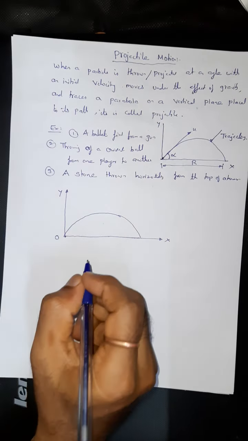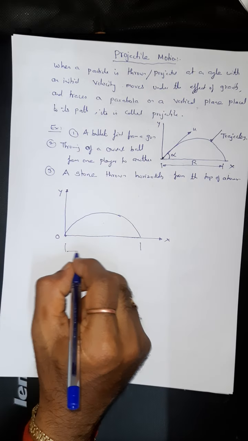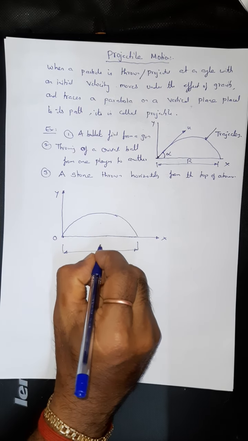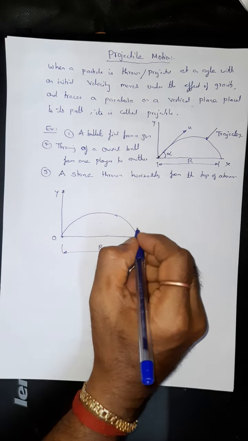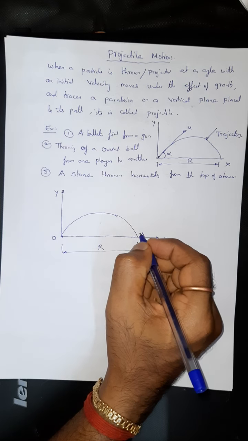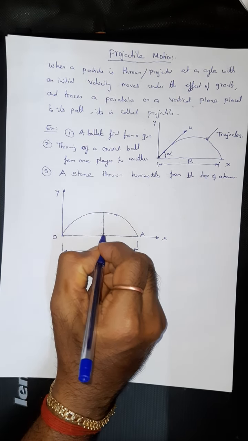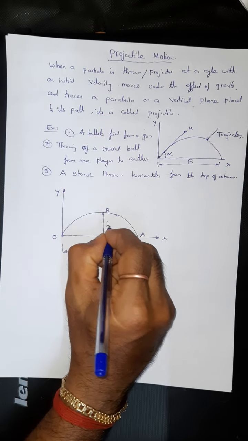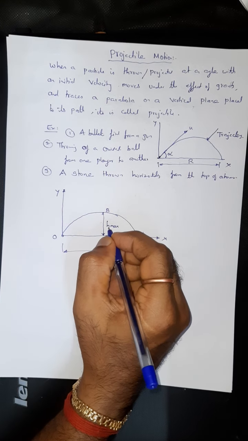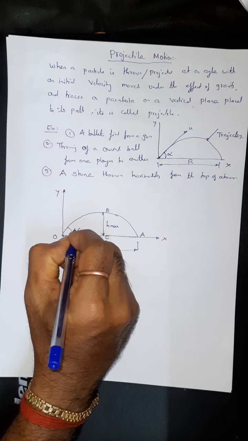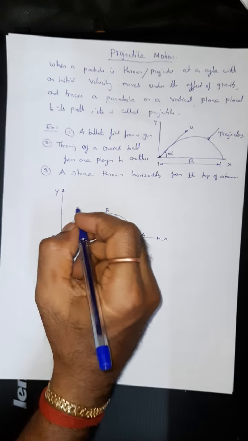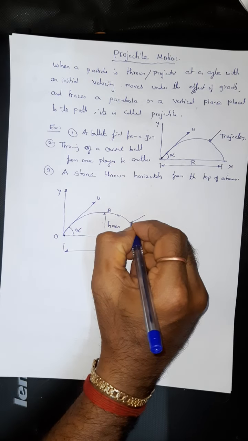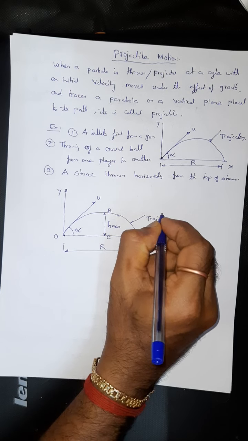The initial point is O. Let me take the displacement as r. The last point is A, the maximum distance I consider as B and this point as C. This is the maximum height of the projectile, this is the angle alpha, and this is the initial velocity u, and this is the trajectory.